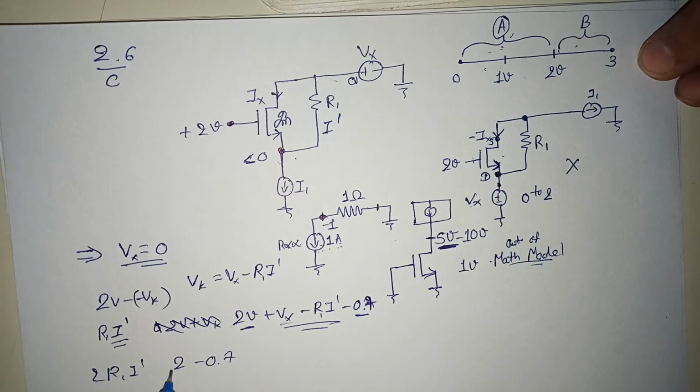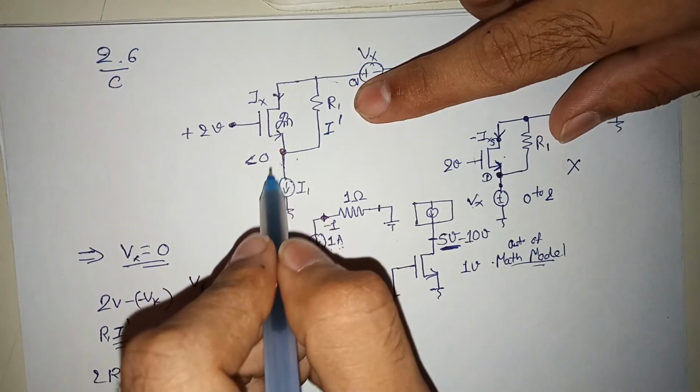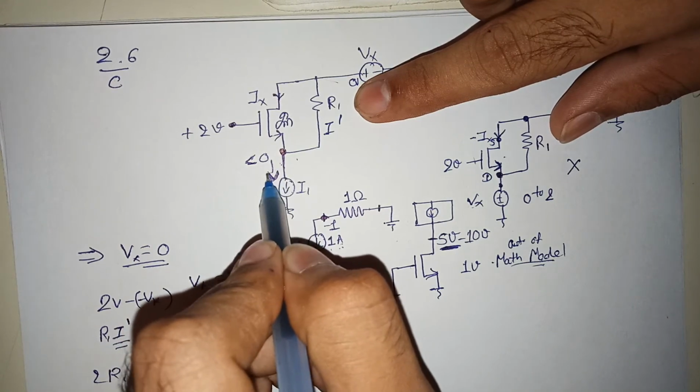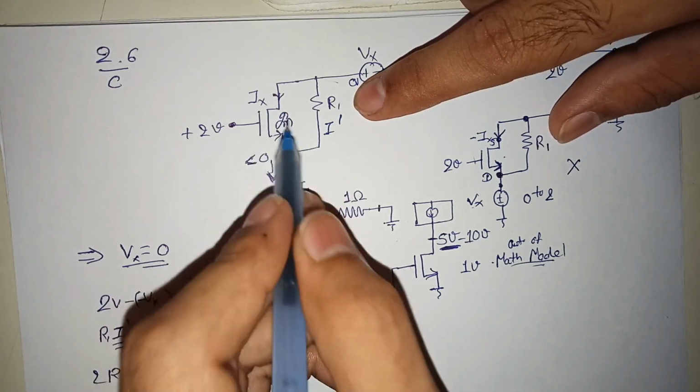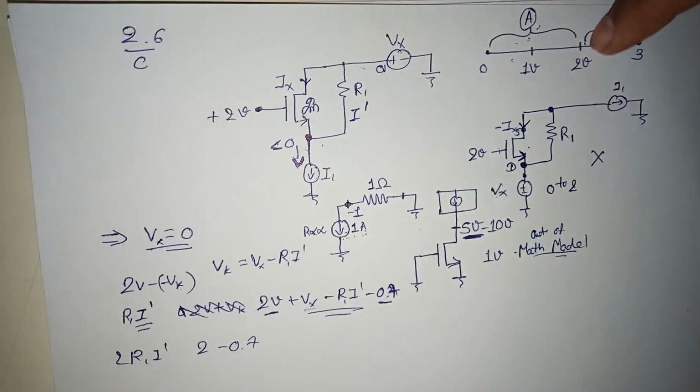So as I become high, this potential will go lower and lower, so your VDS will be so low such that it will be in triode region.